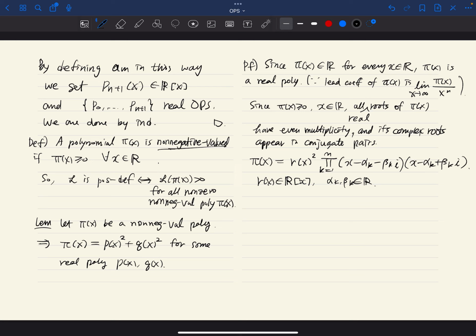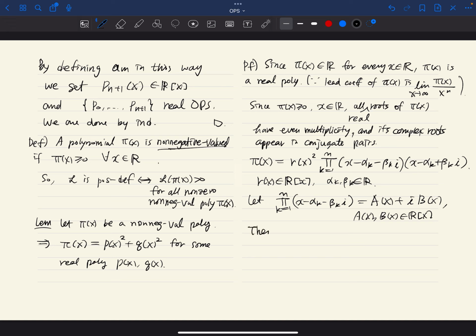Then if we write this, this is a complex polynomial. So we can write this as a real polynomial plus i times another real polynomial, like this. A and B are real polynomials.